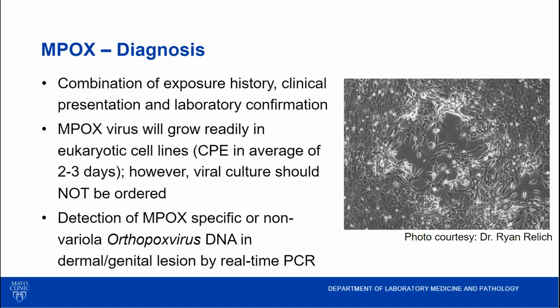Now, just because the virus will grow well in eukaryotic cell lines doesn't mean that we want to order viral culture. In fact, viral culture should not be ordered in cases of suspect MPOX virus infection, and that's because cultivation of this virus in culture represents a safety hazard to our laboratory staff.